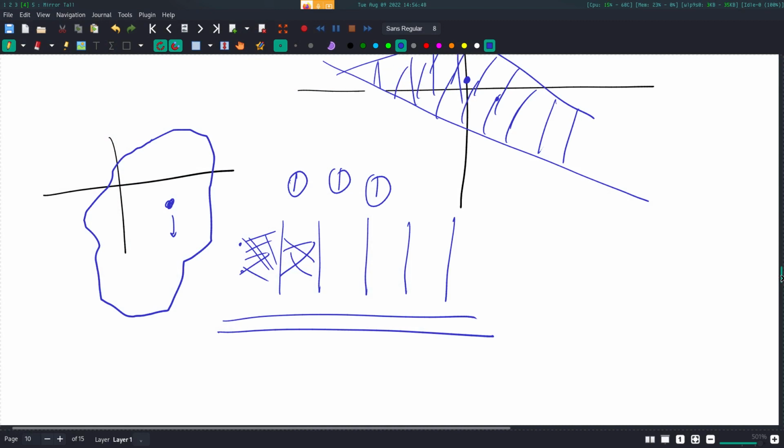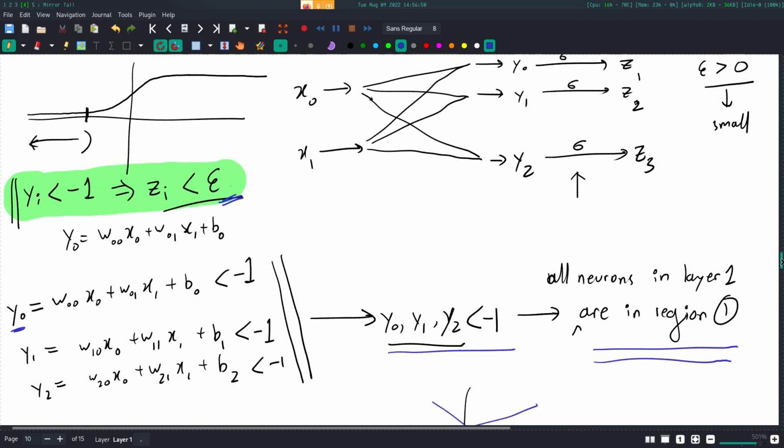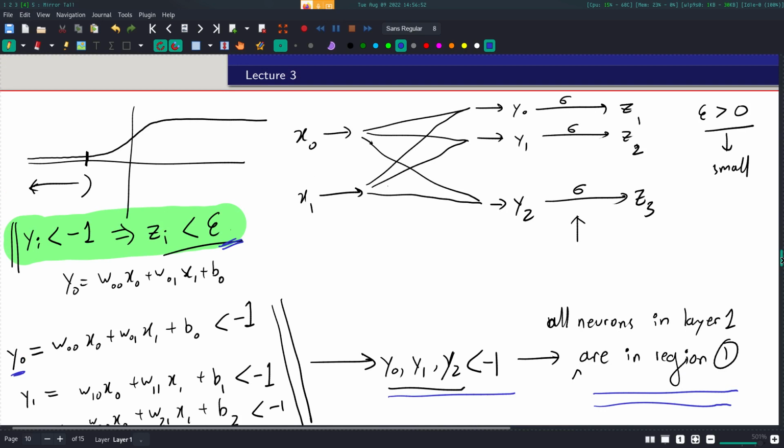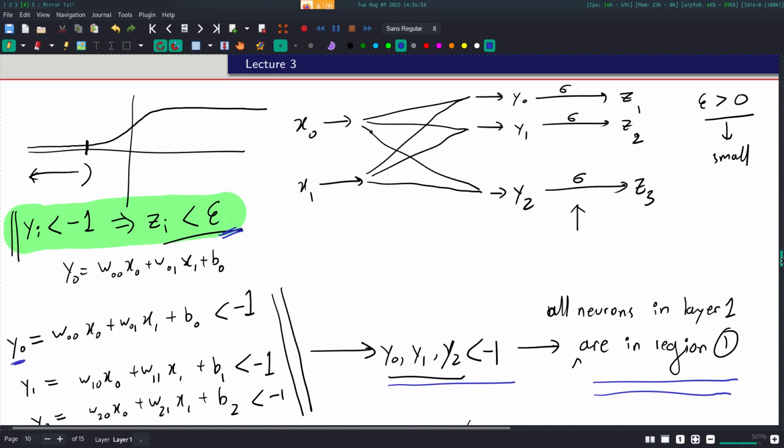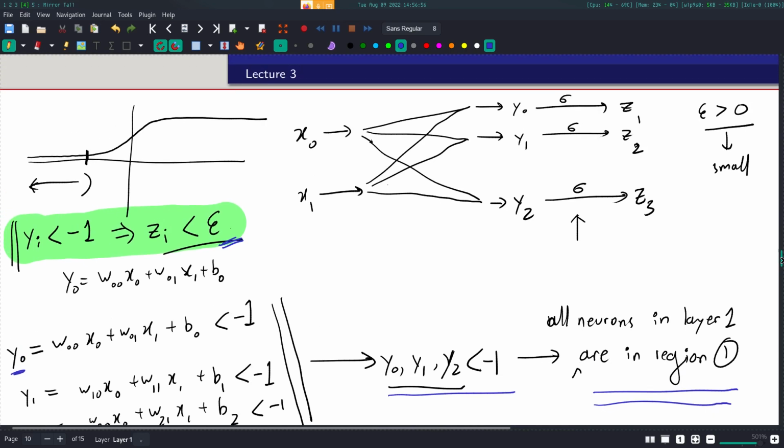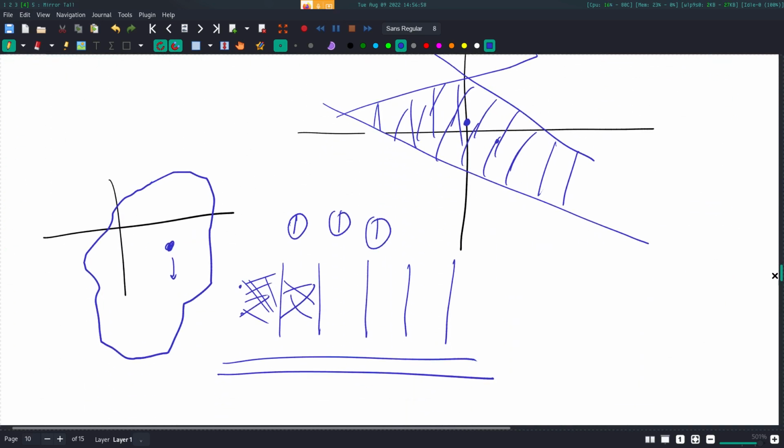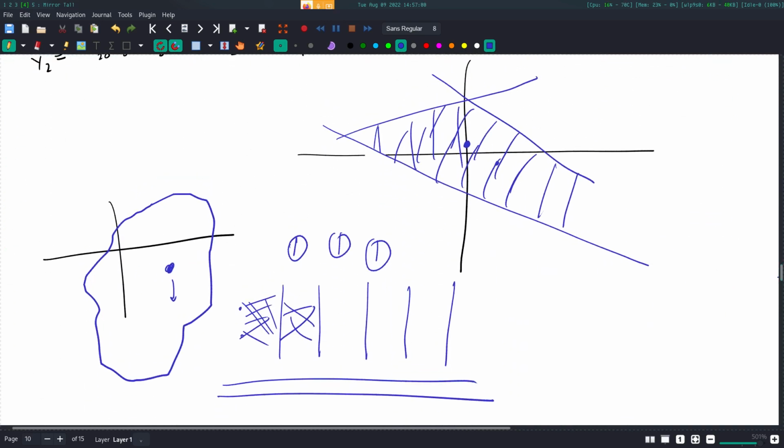I showed this for a simple network with one hidden layer. What I'm claiming is that if you have multiple hidden layers, this still works and you'll still get these regions in your input space.